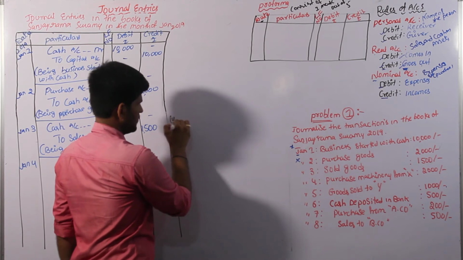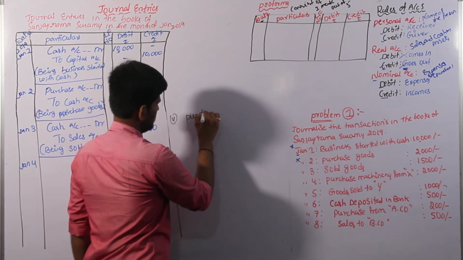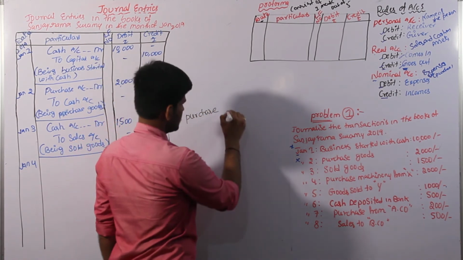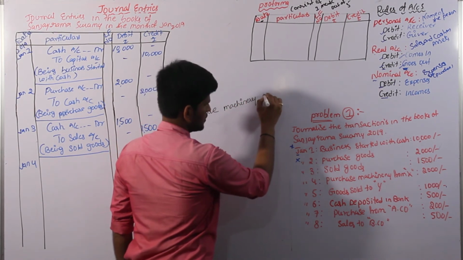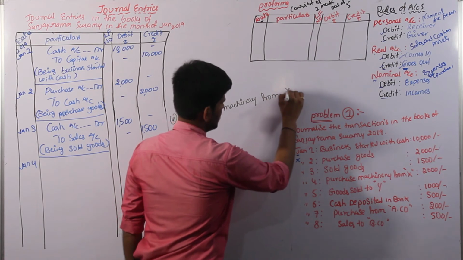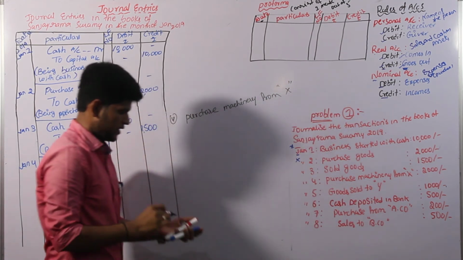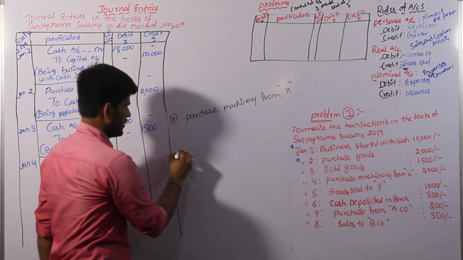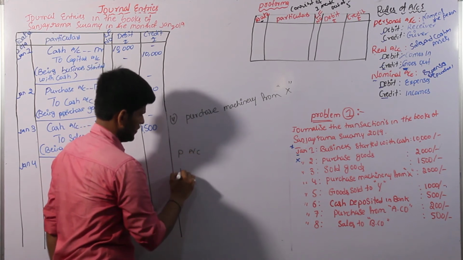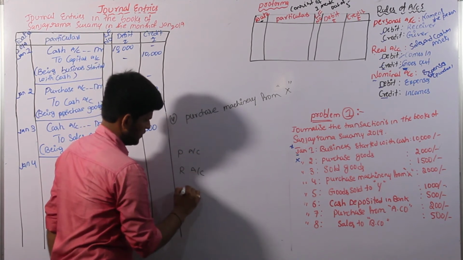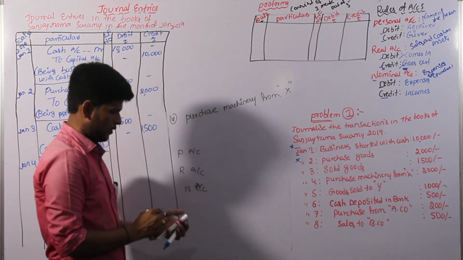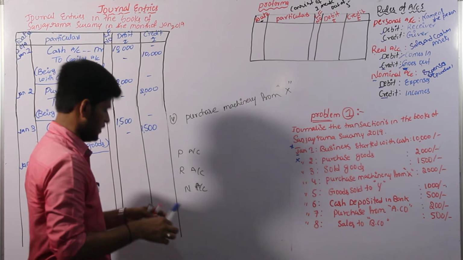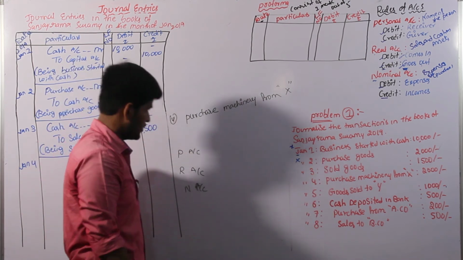The entry is purchase machinery from X. Purchase machinery from X. Again we can identify personal account, real account, nominal account. Let us discuss the 3 rules in our transaction.